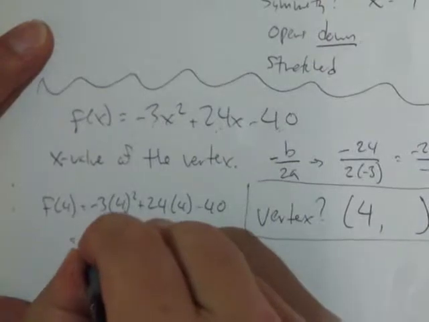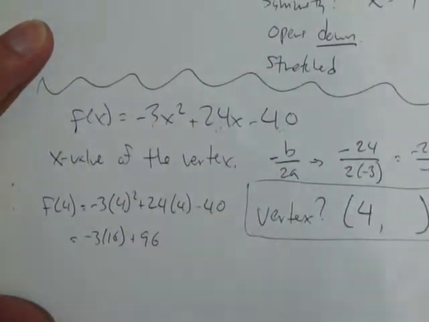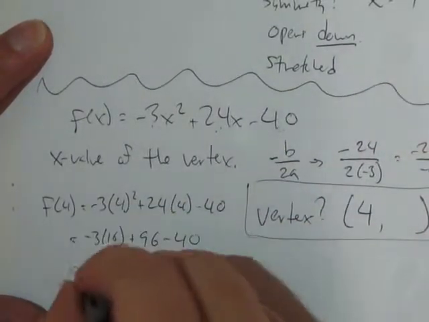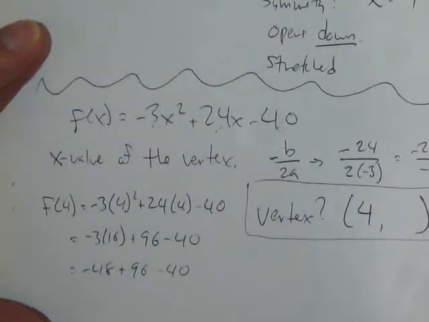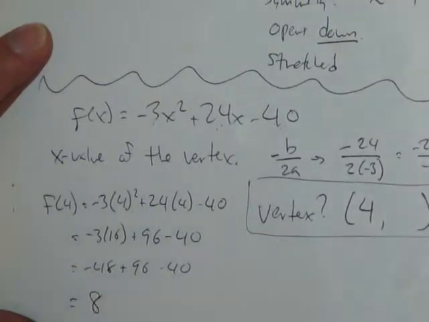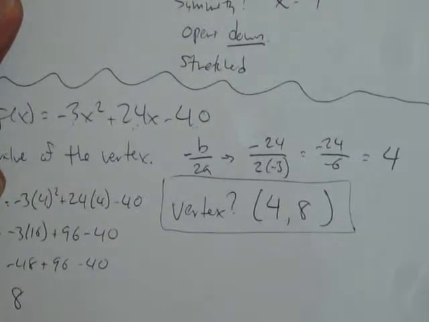So that's negative 3 times 16 plus 96 minus 40. That's negative 48 plus 96 minus 40, and it should all work out to be 8. I think it does. So our vertex is the point (4, 8).